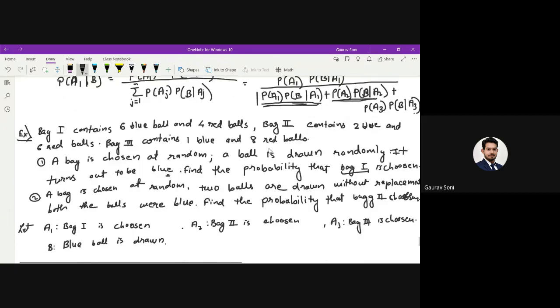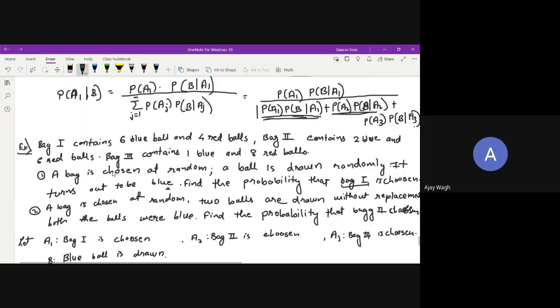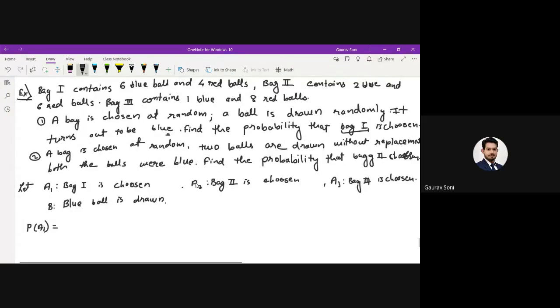So what is the probability of A1? 1/3. Why is it 1/3? There are 3 events, right? Only 3 bags are there. Probability of A1, probability of A2, and probability of A3.